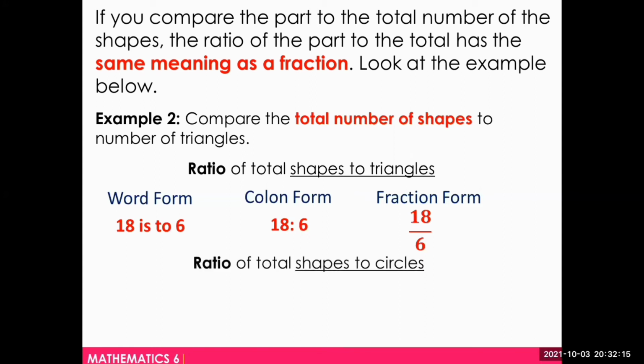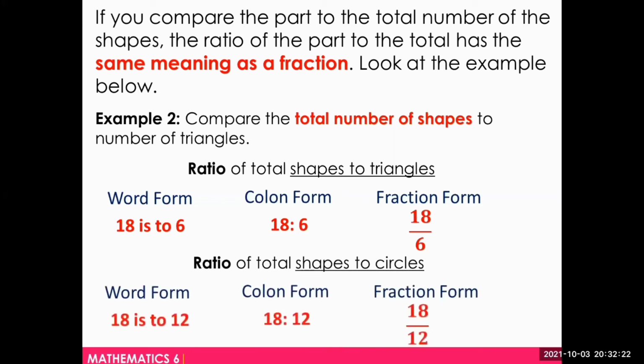Ratio of total shapes to circles. Word form, colon form, at fraction form. 18 is to 12. 18 ang total number of shapes at 12 naman ang number of circles.